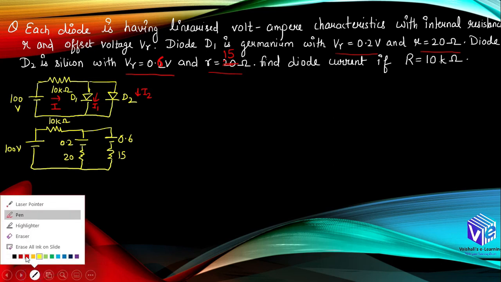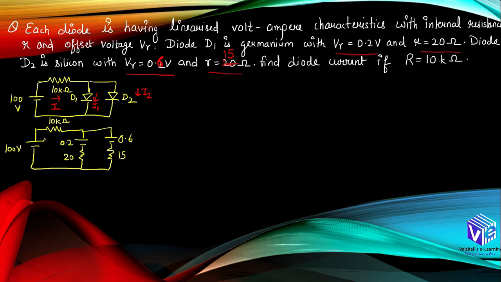Now let's parameterize all of the things. The current over here is I, the current over here is I1, the current over here is I2, right? So now how can I represent the VD? Let's suppose we are taking the diode voltage. So we can calculate the VD as 0.2 plus 20 I1 for diode 1, and we can calculate it as 0.6 plus 15 I2 as well.